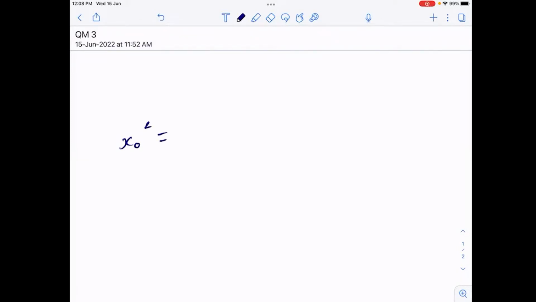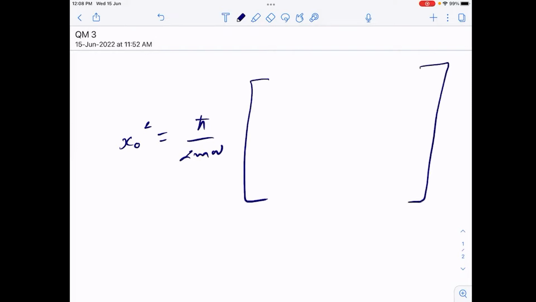So if I'm plotting for X0 square, it is h cut upon 2 m omega, which is the common term. The rest of the terms represent the matrix terms. Fine. So if I put n is equal to 0, what do I get?